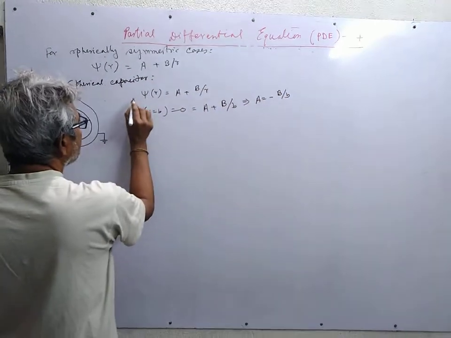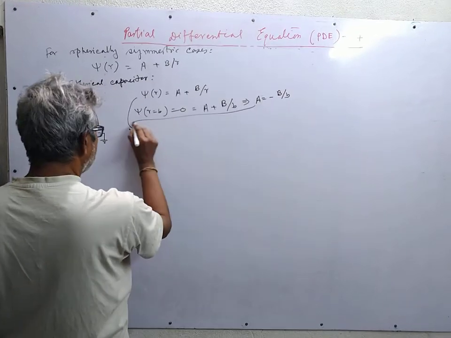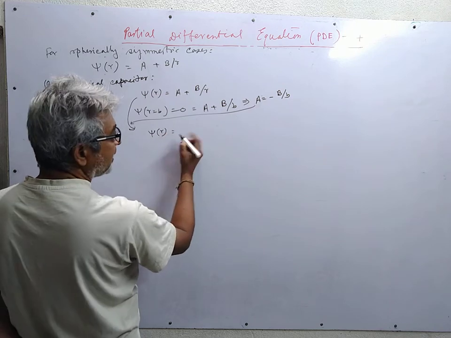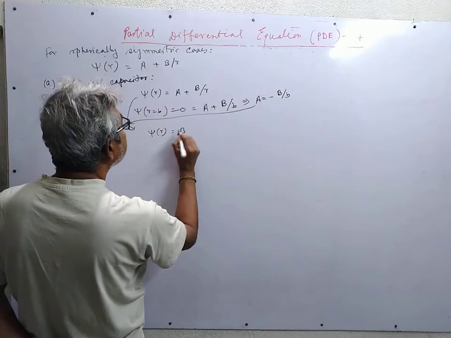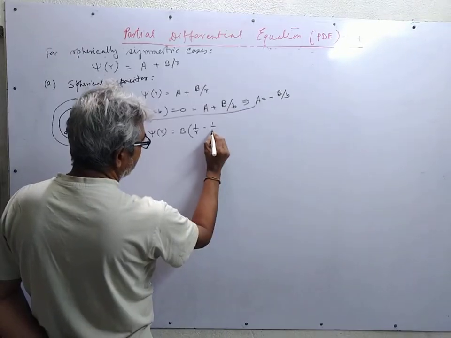So the potential now becomes, with this condition, phi of r equal to B times (1 by r minus 1 by b).